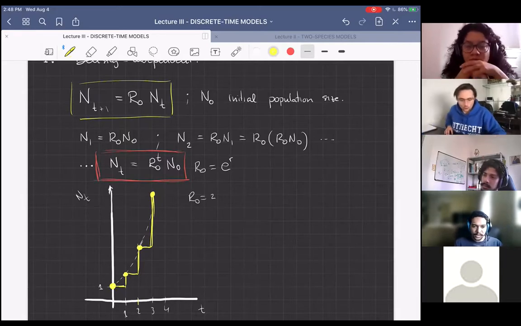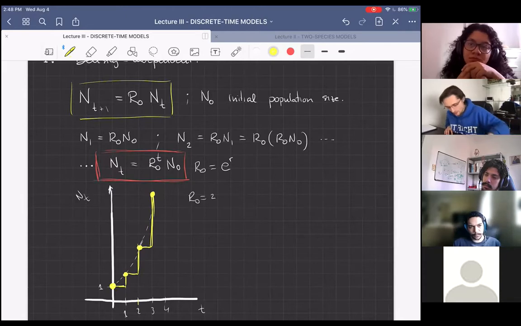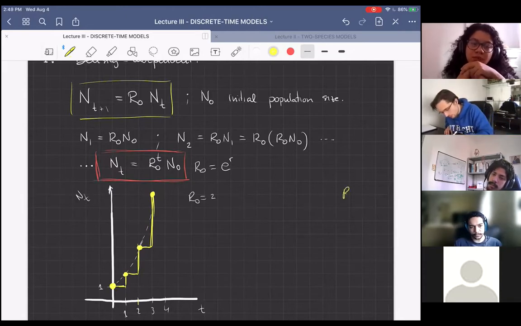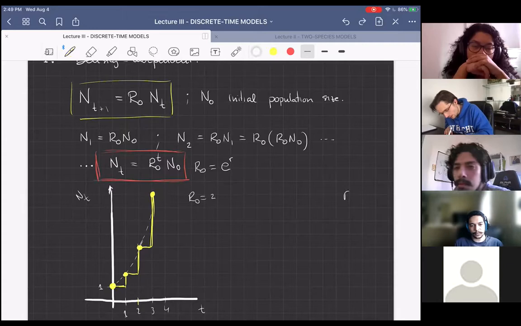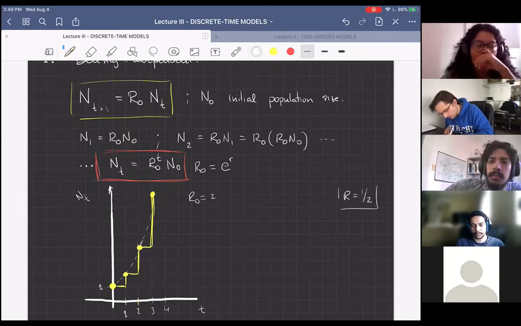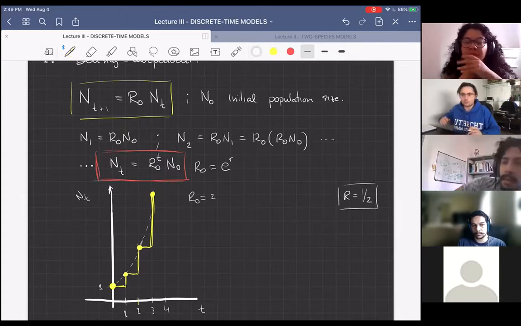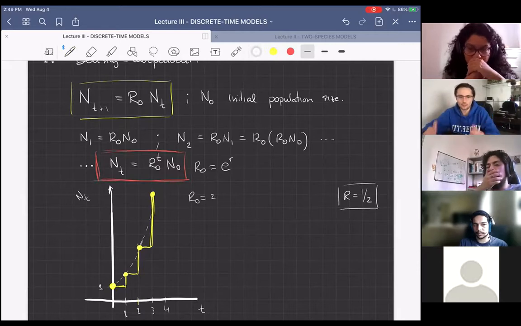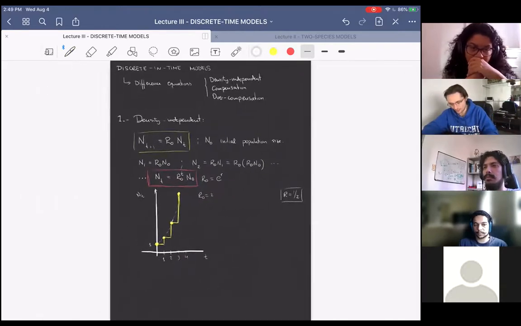It's almost trivial to work the case where R is smaller than 1, for instance R equal to 1/2. You can work the case and do the plot, and you will see that it's pretty much the same. It's just evaluating an iterative function.